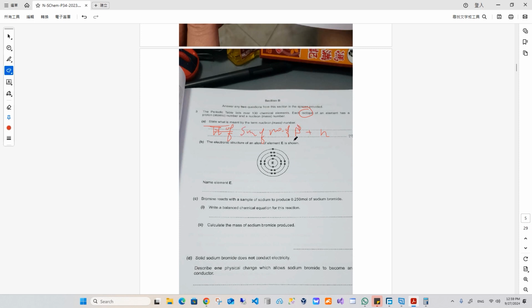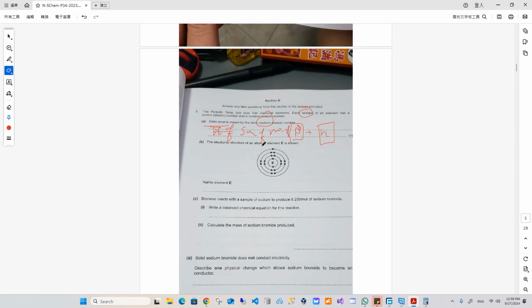Why is this weird term called nucleon? Because nucleon means a particle inside a nucleus, which means proton and neutron. Same thing, up to them whatever they want to say.